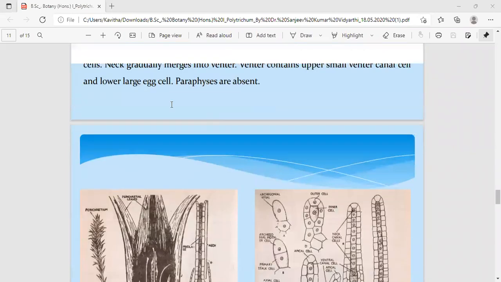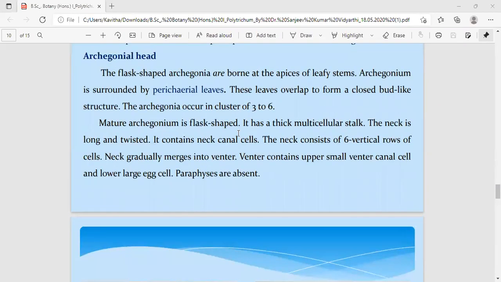So that forms the archegonial head. In this archegonial head also, you can see three structures. One is called perichaetial leaves.